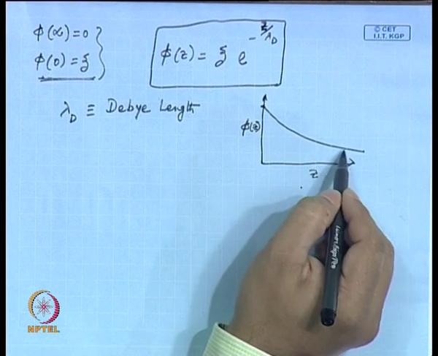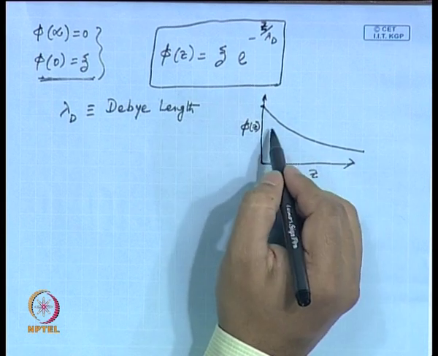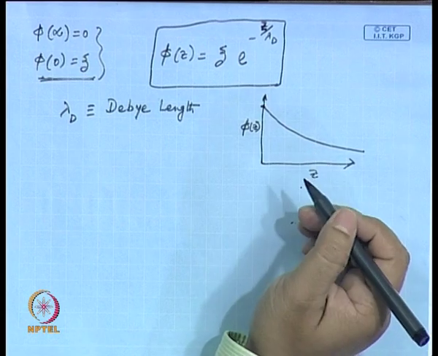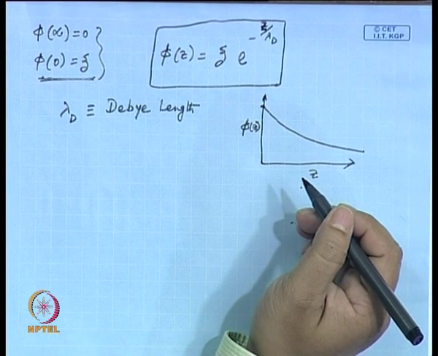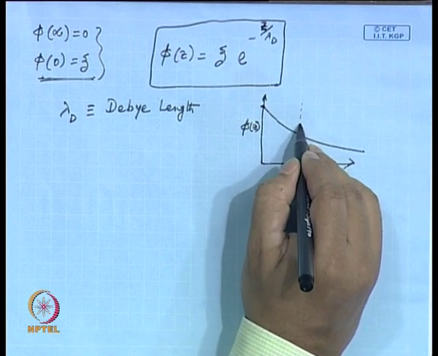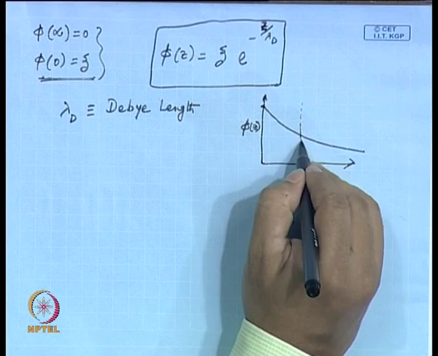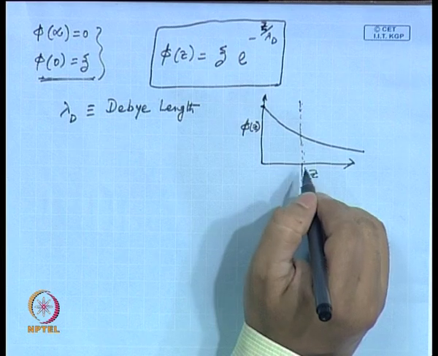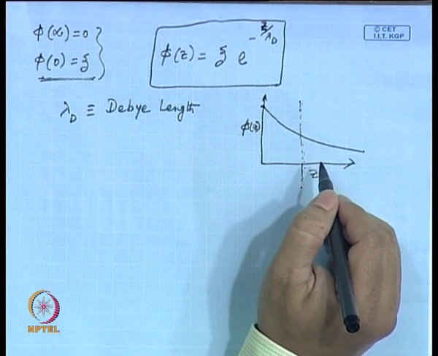So we are talking about a functional form of e to the power minus z by lambda d. What is the importance of lambda d now? Where would this lambda d be?